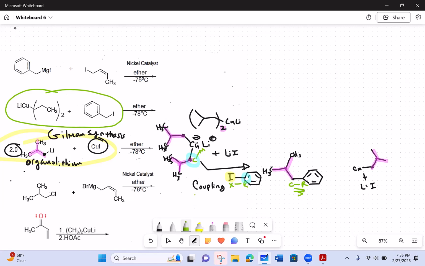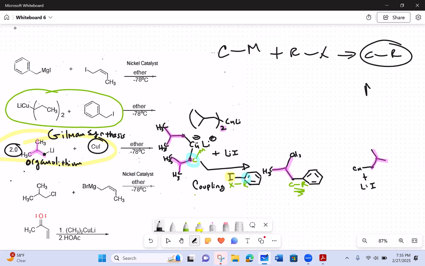Remember the strategy is CM plus RX. The goal is to make CR. Now the MX part is kind of subjective. It's really a limitation in my model, but it's okay.